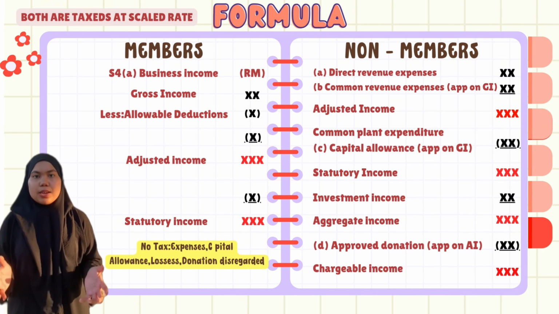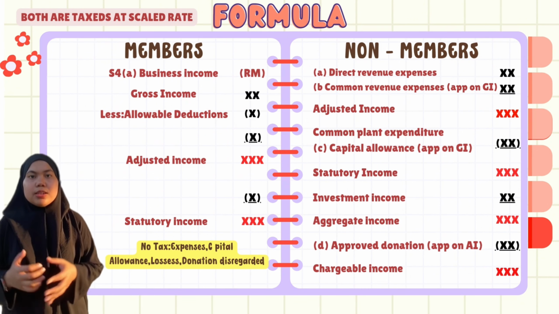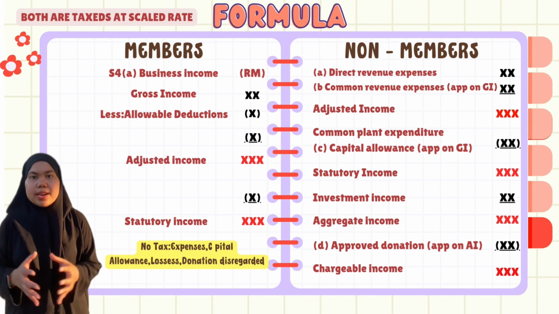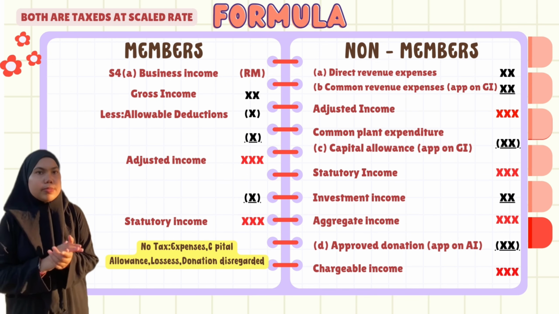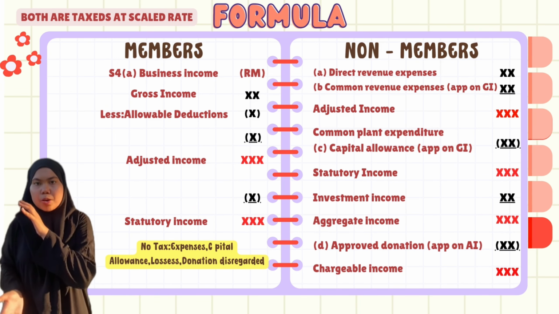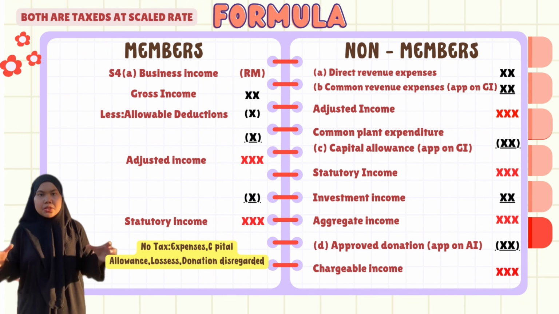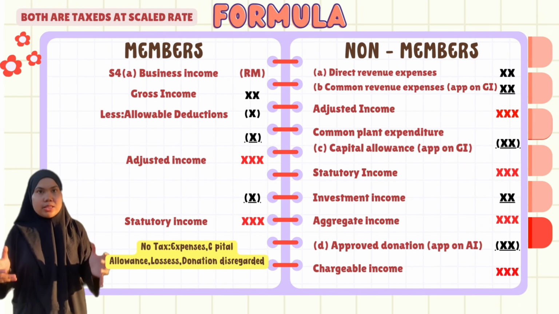On the right, we have non-members' income. First, direct revenue expenses are deducted, followed by common expenses and capital allowances, all apportioned based on gross income. The result is the statutory income, which is taxable.